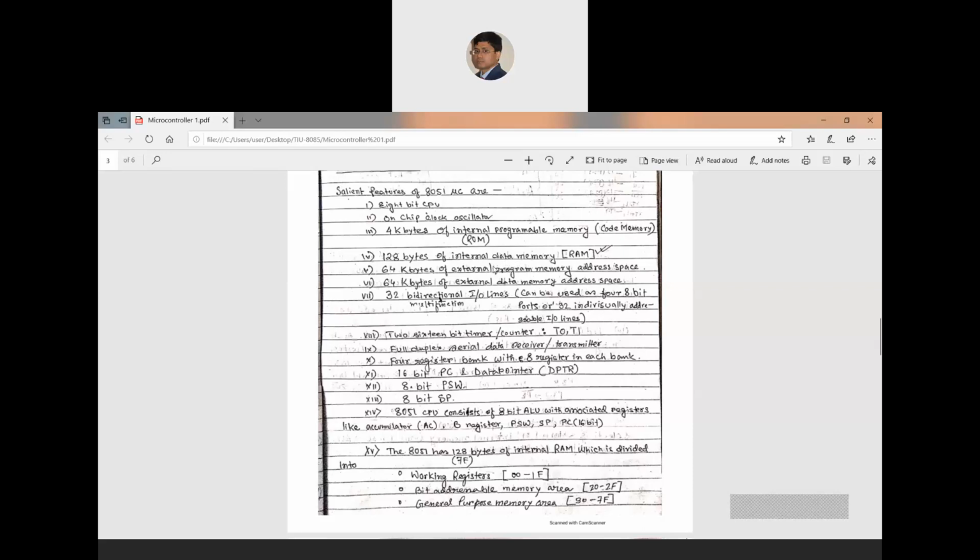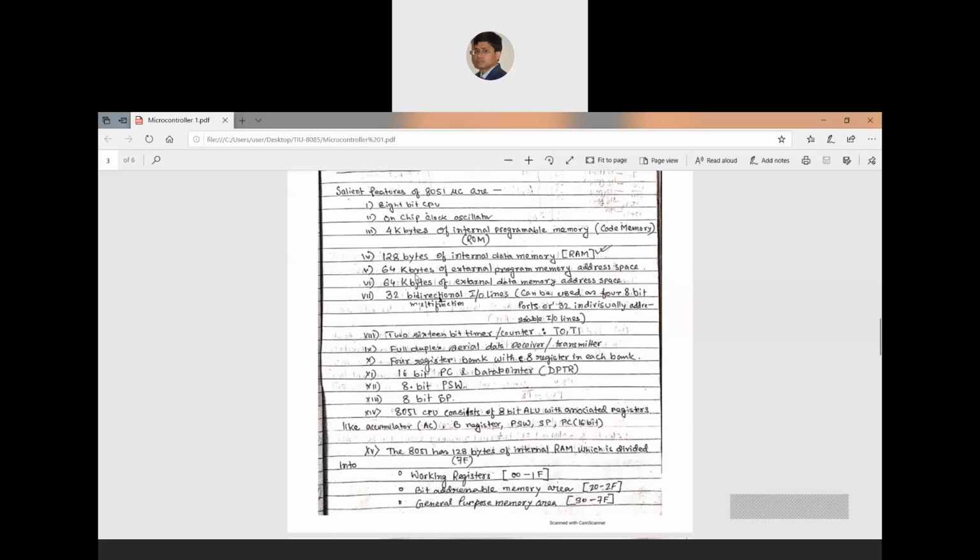We can also expand the size of the RAM or ROM, but there is a limitation. We cannot increase the size of RAM or ROM beyond 64 kilobytes.